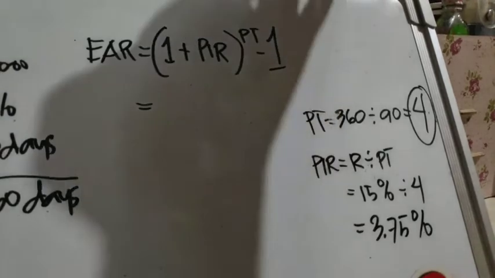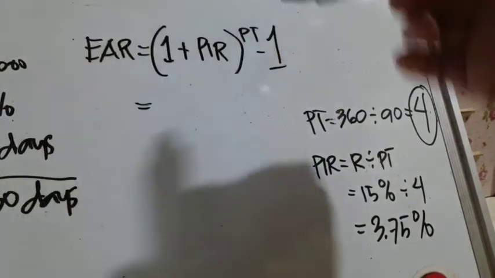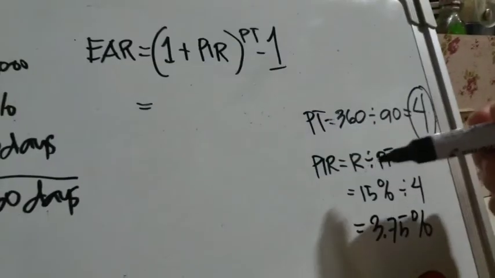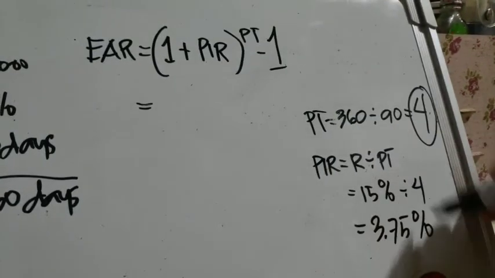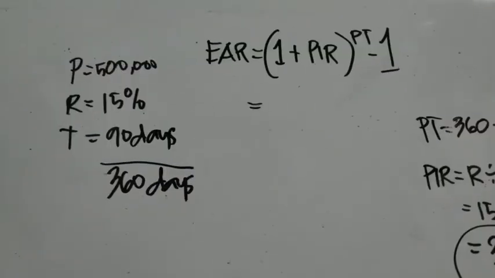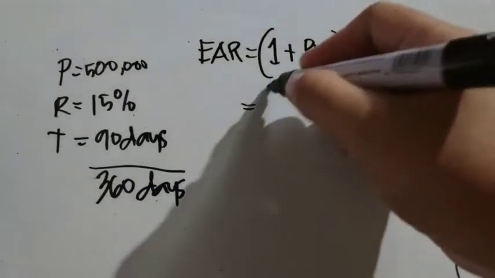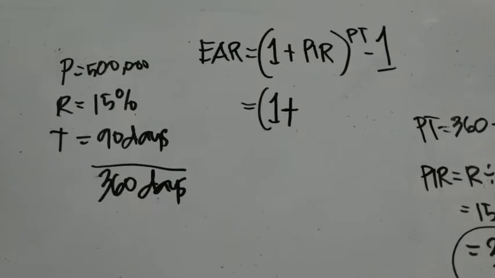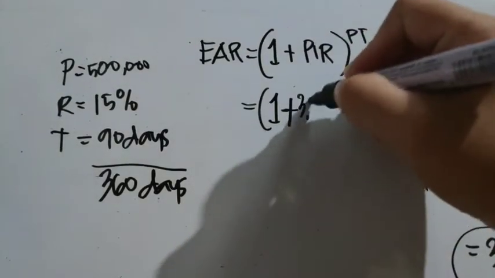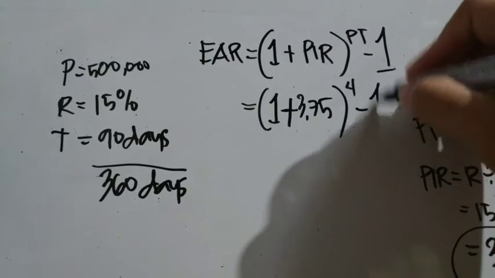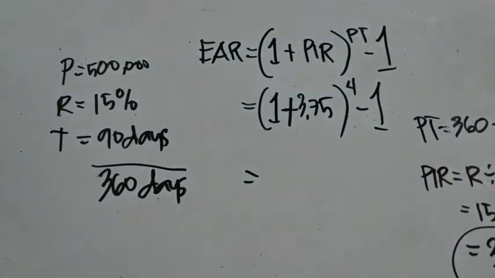So, you've already got the PIR and the PT. Now, you will proceed on distributing these numbers to the formula. So, 1 plus the PIR, which is 3.75%, to the exponent of 4 minus 1.